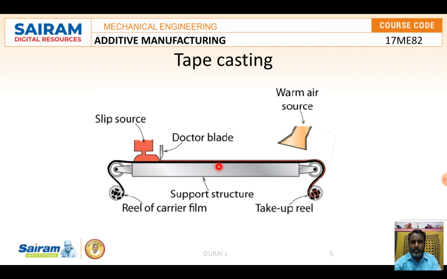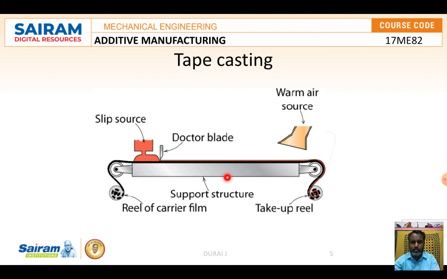Nowadays, an endless stainless steel belt is used instead of carrier tape, and this process can produce very thin tapes, films and sheets between 50 and 1000 micrometers. This process is mainly used to manufacture electronic components nowadays, and piezoelectric actuators.